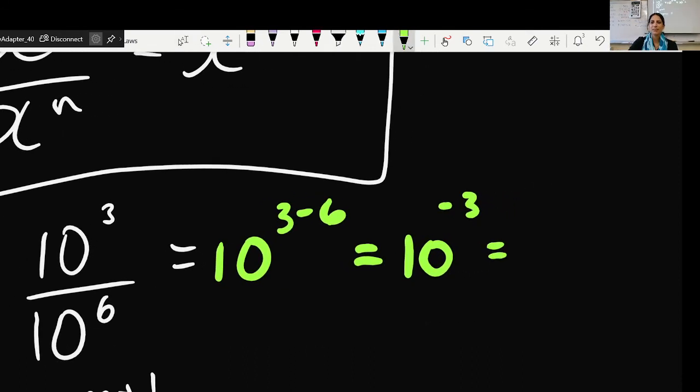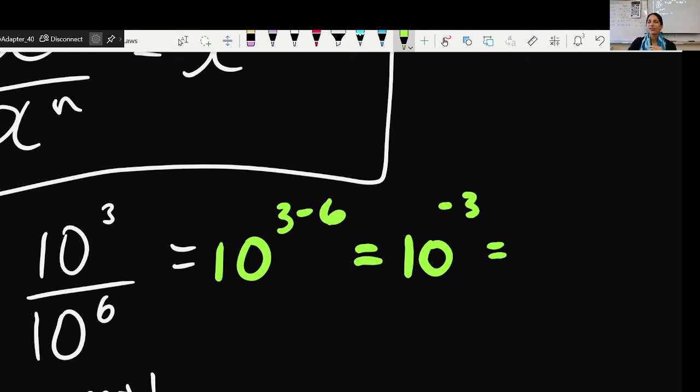What is this the same thing as? So this is sort of summarizing a lot of the things we've done so far. How do I make that -3 positive as an exponent? Remember, how do we make a negative exponent positive? What do we do with the base?